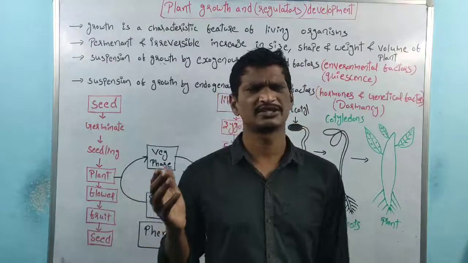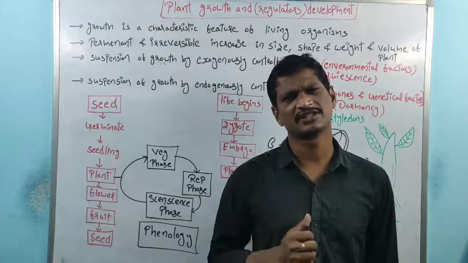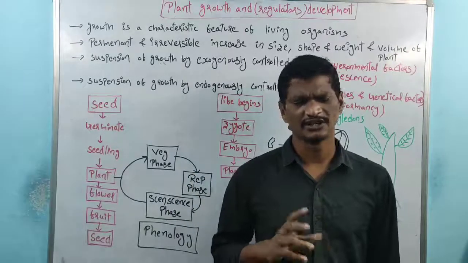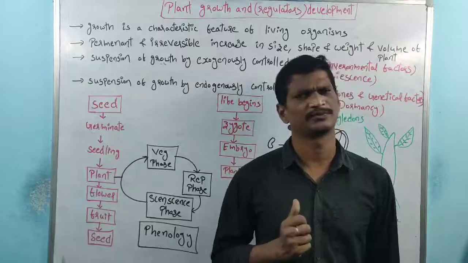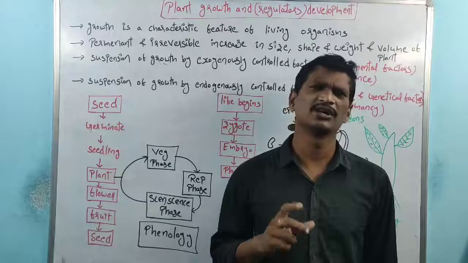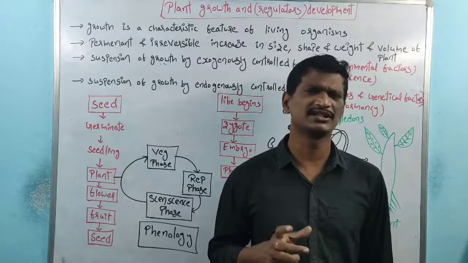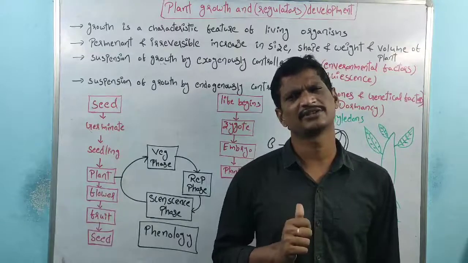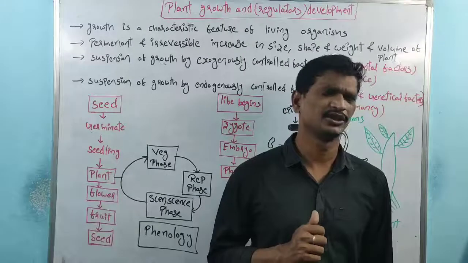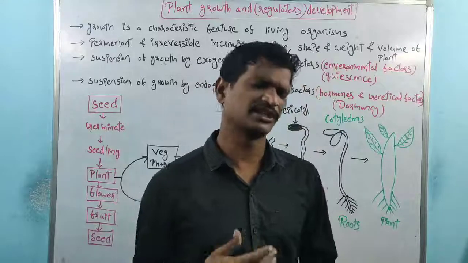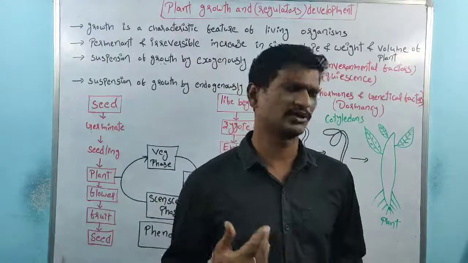Totally, we know there are auxins, gibberellins and cytokinins, which are majorly supporting growth. Abscisic acid and ethylene are growth inhibitors. So these are the hormones. We will discuss them in detailed explanation.